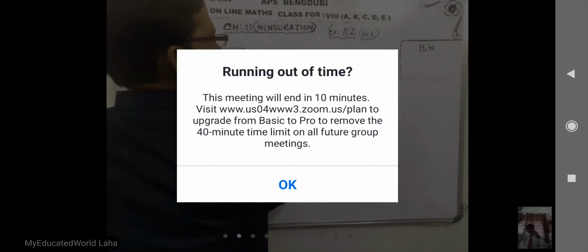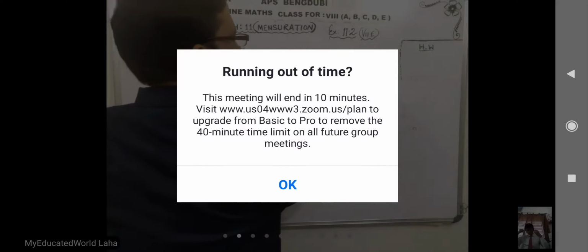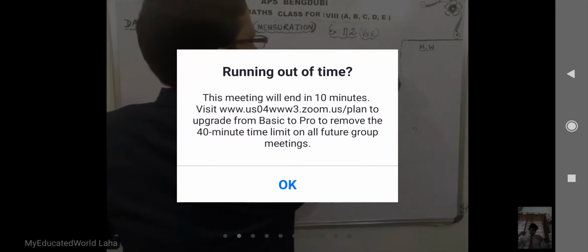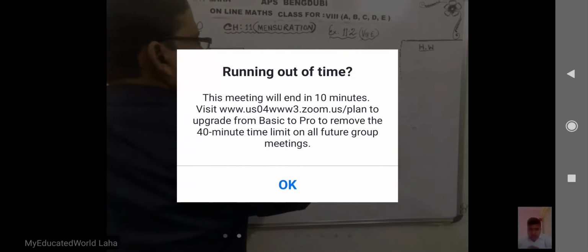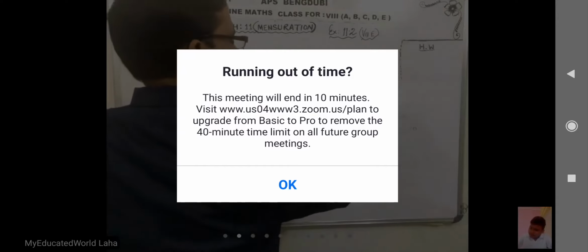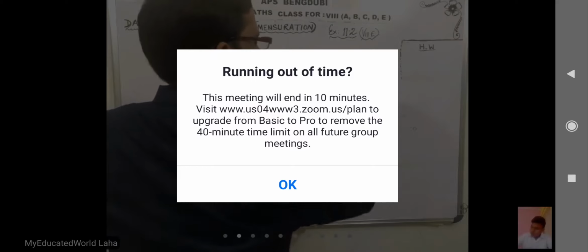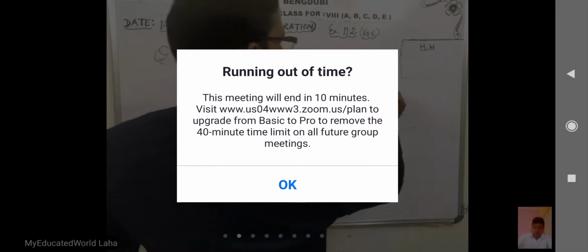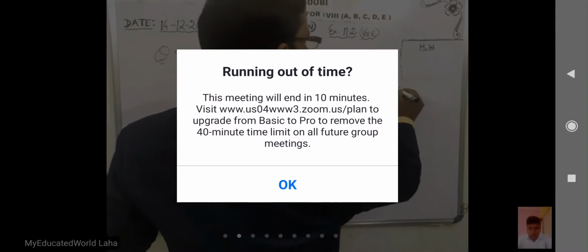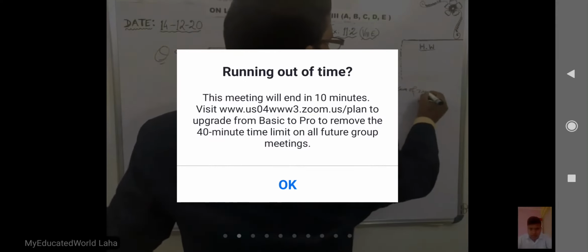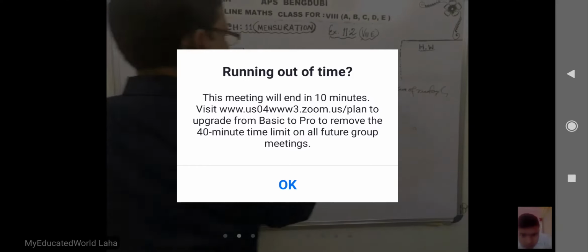Area of regular octagon equals 2 into area of trapezium, plus area of rectangle.